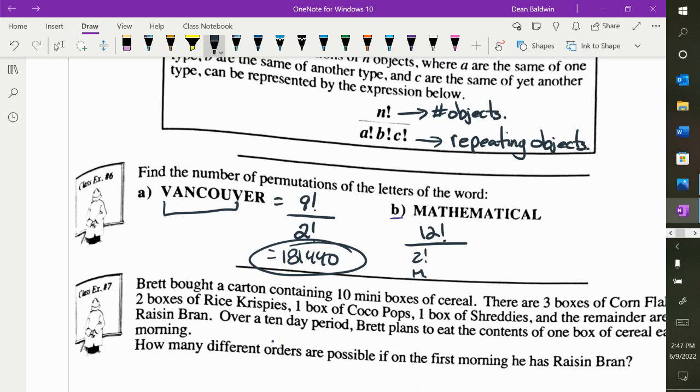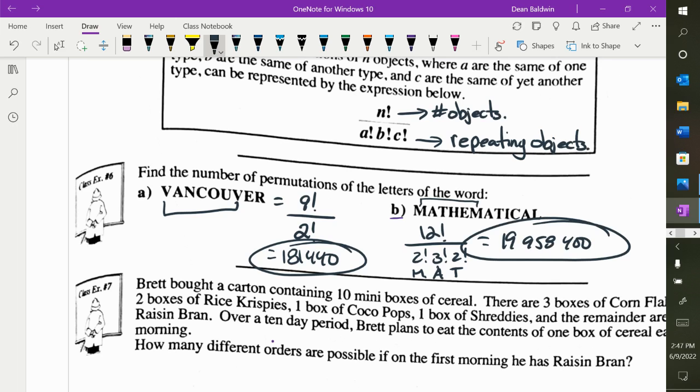It has 2 A's, and then there's 2 T's. No, it's how many times a certain letter will reappear. So if you do that, you get 19,958,400. The only trick is you just have to divide by your repeats.